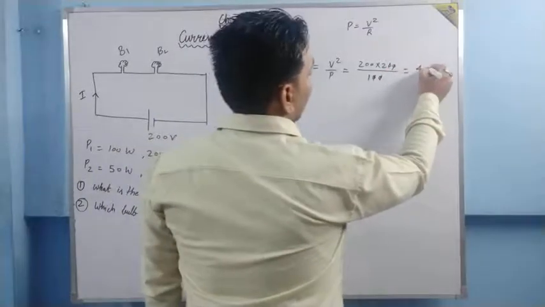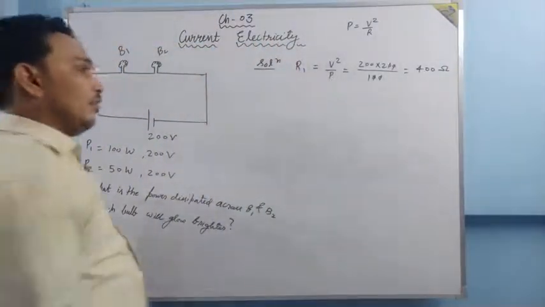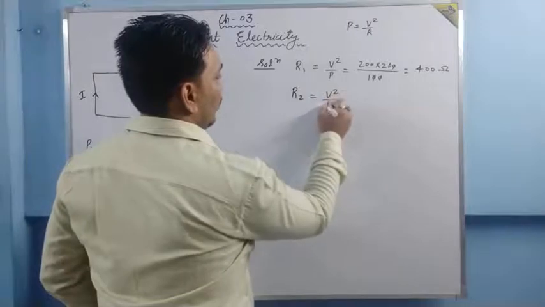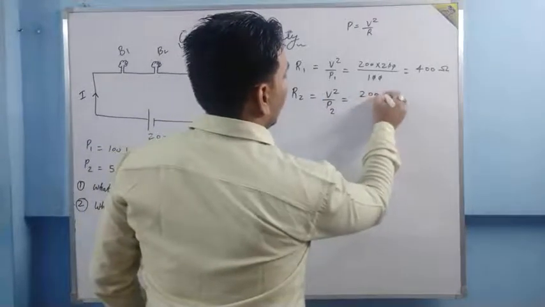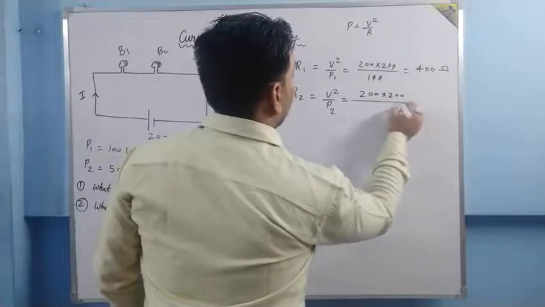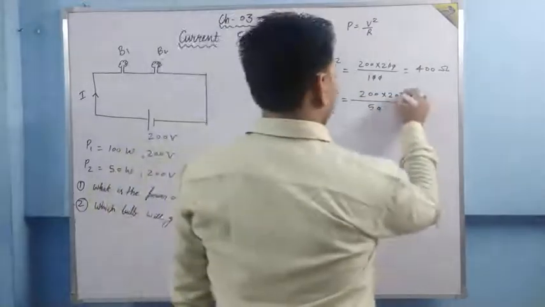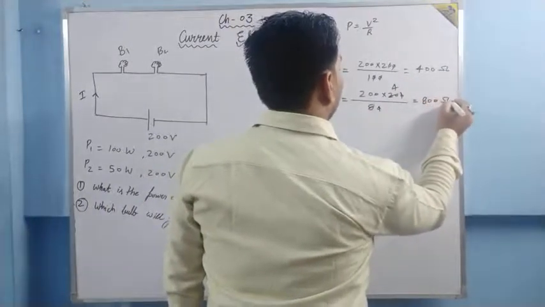It will become 400 ohm. Right? And what is the resistance of second bulb? R2 is V square upon P2, 200 multiplied by 200 upon 50. 10 will be cancelled. 5 4s are 20. It will become 800 ohm.